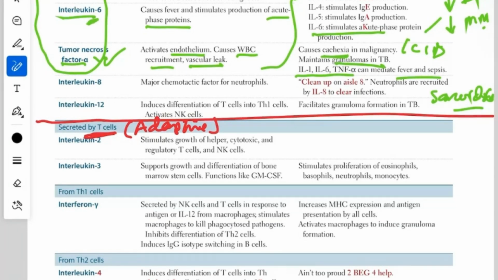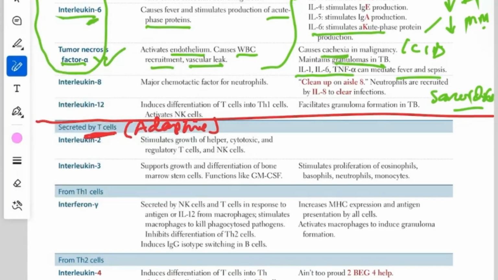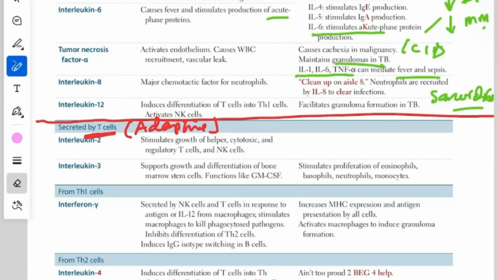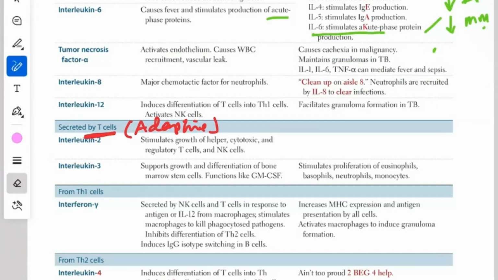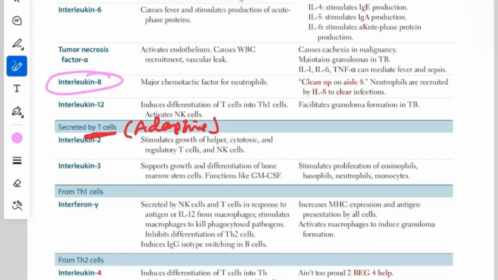Now, when you hear interleukin 8, let me use a different color. So when you hear interleukin 8, just like C5a, neutrophils, okay, if you hear interleukin 8, the only cell I want you to think of is neutrophils.